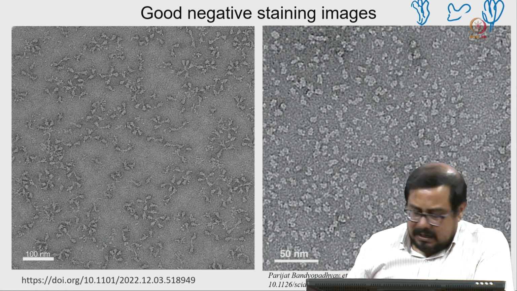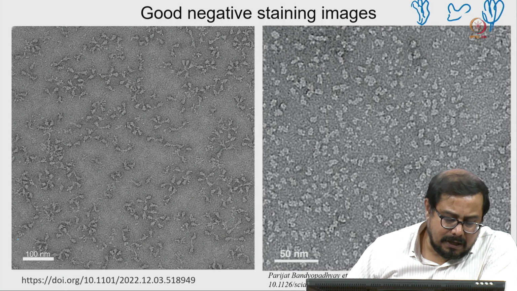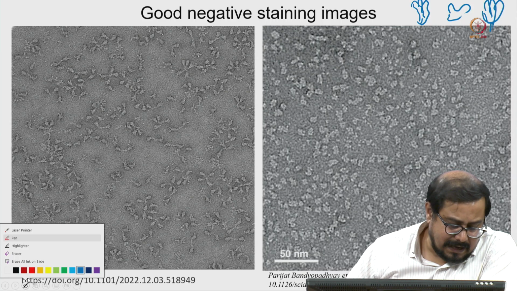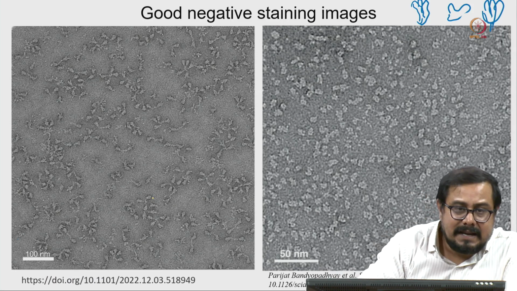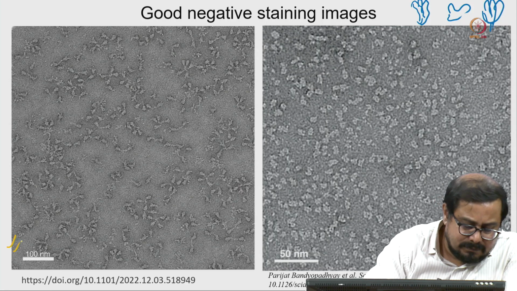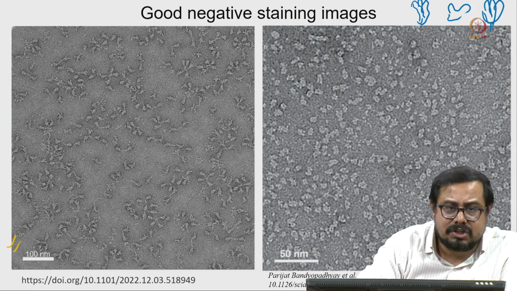Here, if we look at this particular image, this spike protein is incubated with an antibody, and the antibody is attached here. In this entire image, the sample is very much isolated.